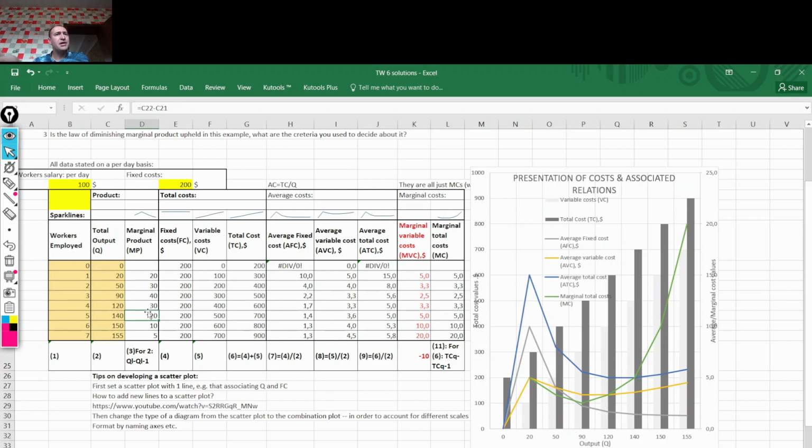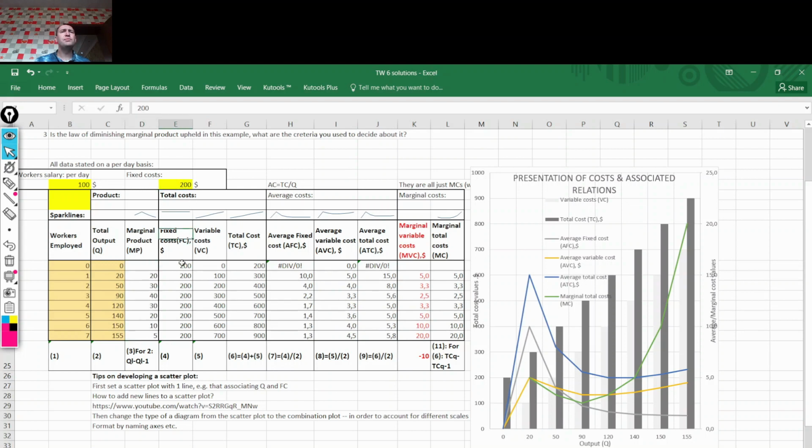Every additional product is less and less. So for that situation, the law of diminishing marginal returns holds without exception for every step of the way. For the entire domain here, the law of diminishing marginal product asserts itself.